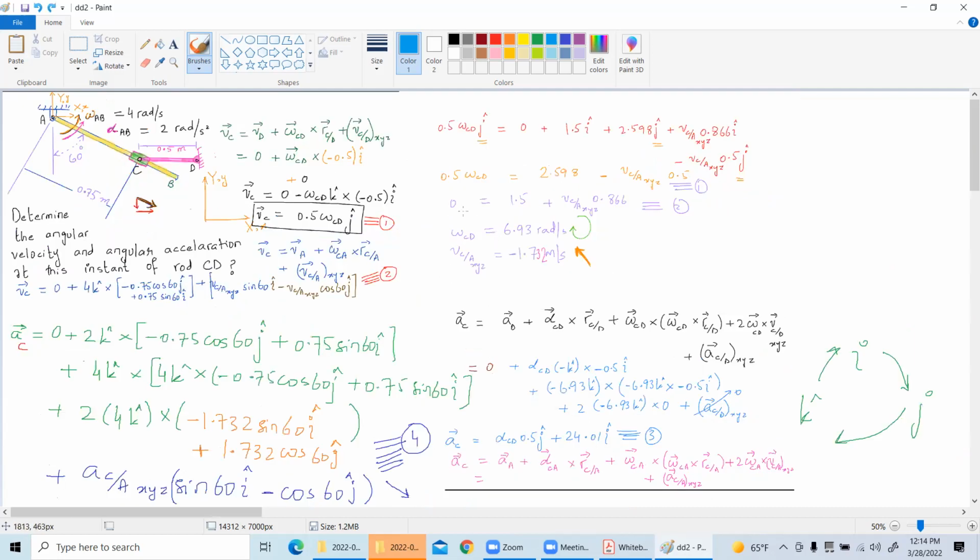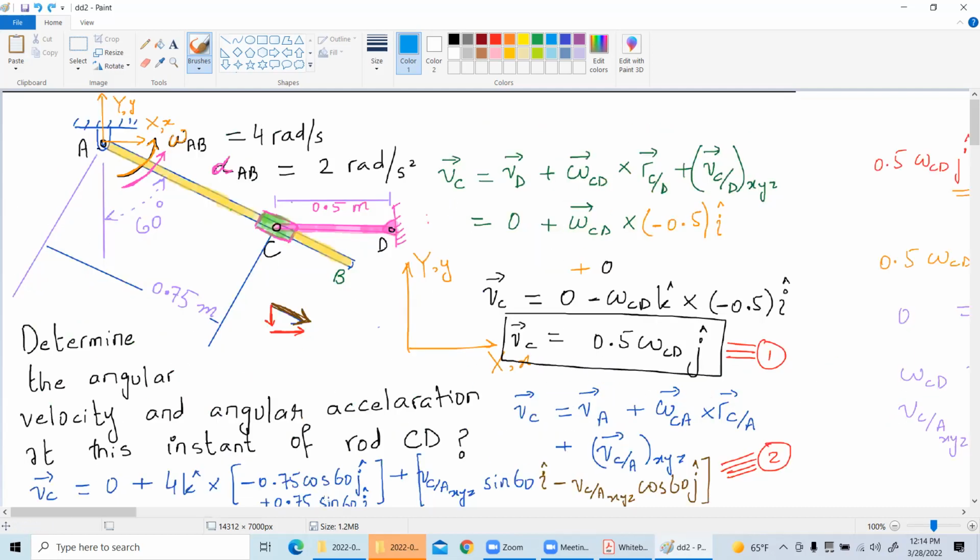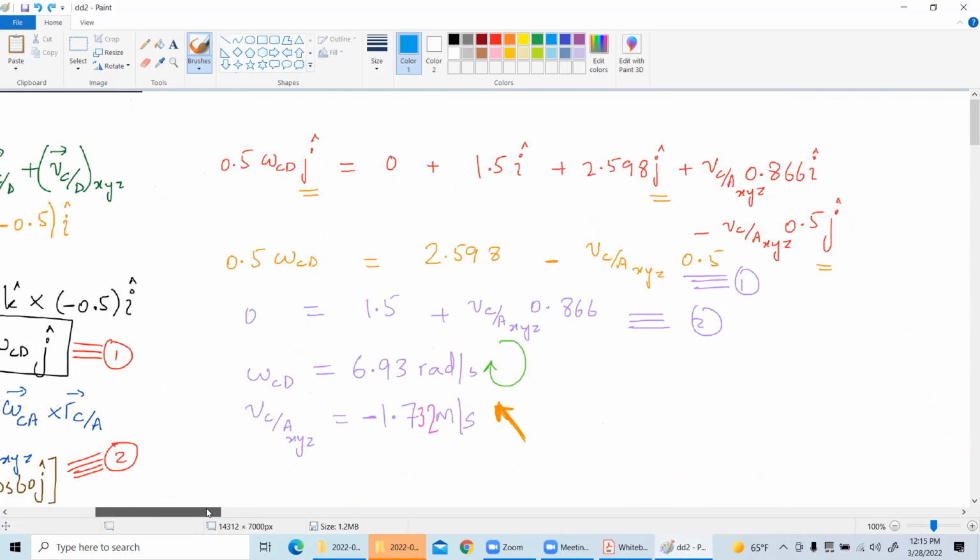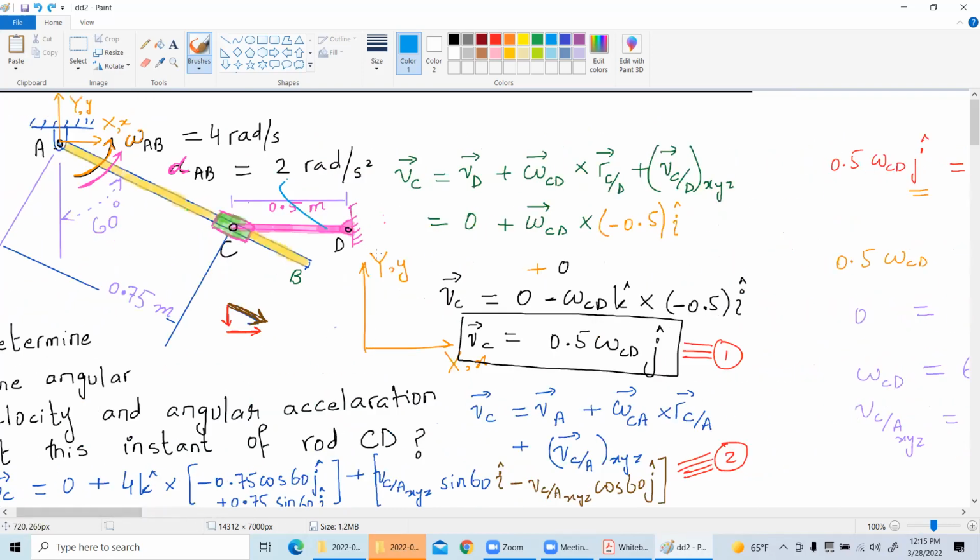Okay, let us see omega CD so we are sure. Omega CD I found as clockwise. Okay, thank you. Good. So as it is going like this, omega CD has an alpha of this, so this omega is slowing down. And towards AB, it's also going to slow down, right?